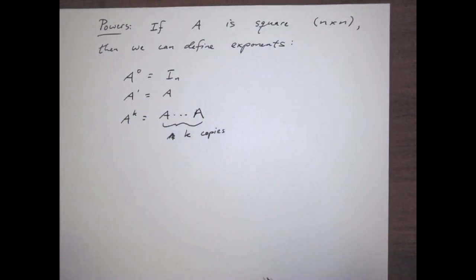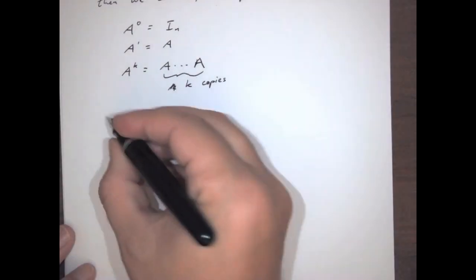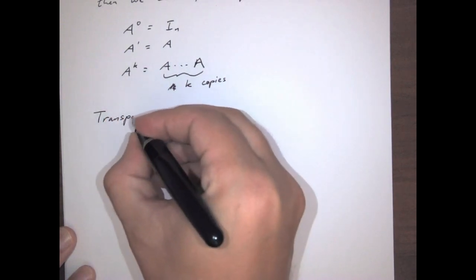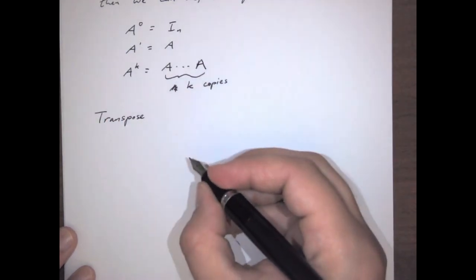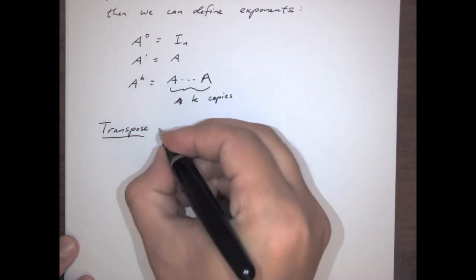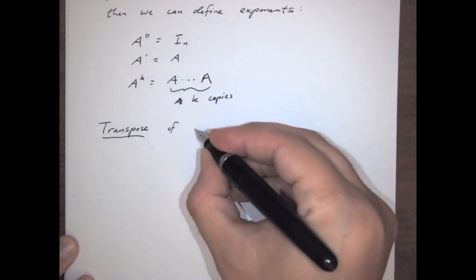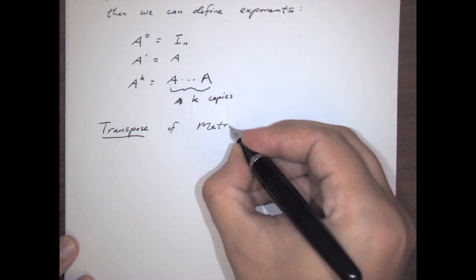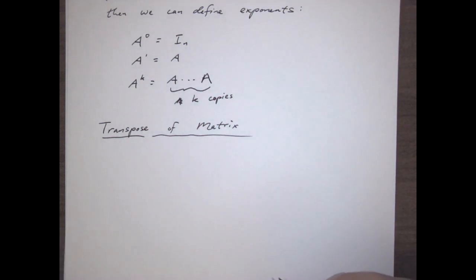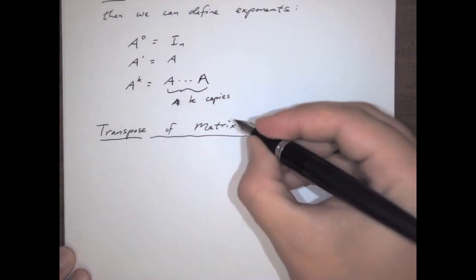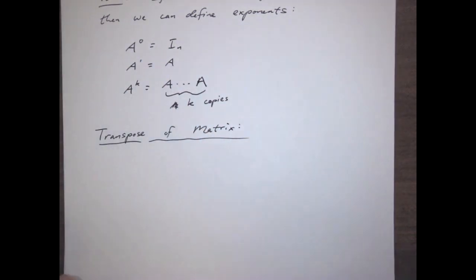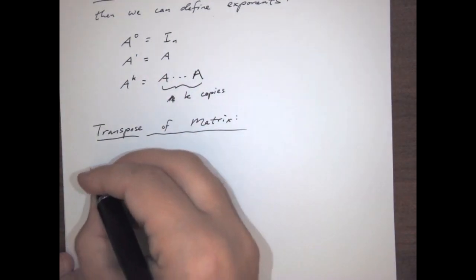All right, and then the last concept of this section is the transpose of a matrix. The transpose of a matrix is what you get if you interchange the rows with the columns. So you basically take the matrix and you turn it around, turn it on its head.